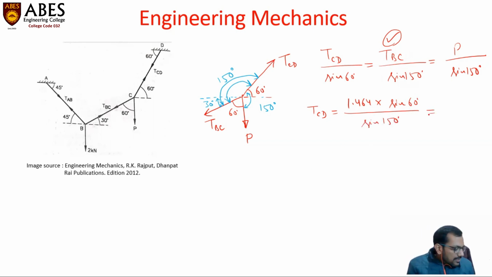So the value of TCD is coming to be 2.536 kilonewtons. This is our third answer.